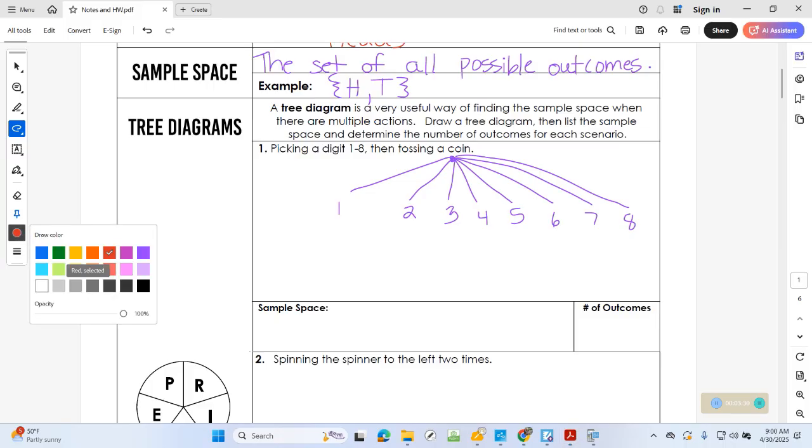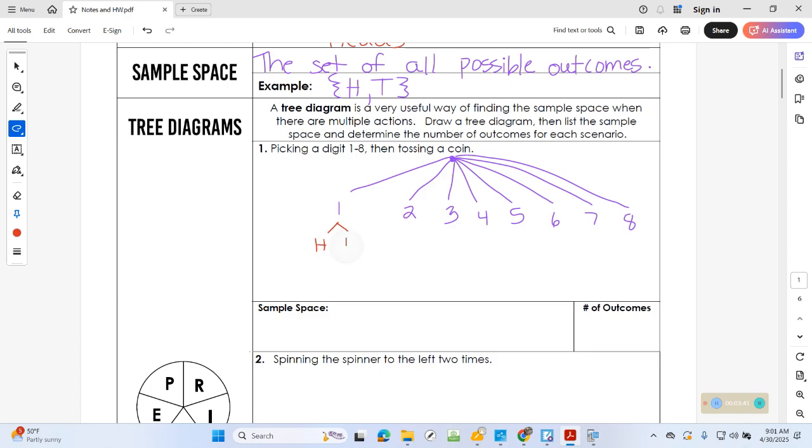So there's my 1 through 8, and tossing a coin. Well, we just talked about this. What are your outcomes for tossing a coin? Heads or tails. So we could have a 1 and then heads or tails. We could have a 2 and then heads or tails. I should have spaced this out or learned to write smaller. A 3, heads or tails. A 4, heads or tails. You get the gist.